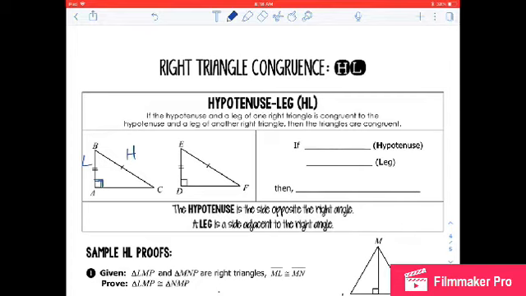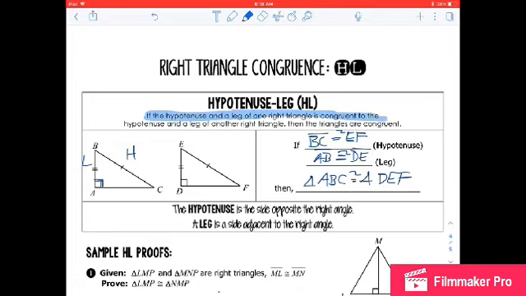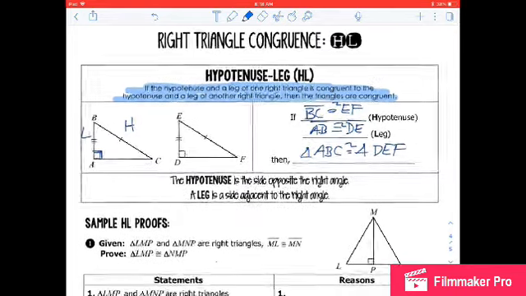Okay, so in this case the hypotenuse would be BC congruent to EF. The leg in this case would be AB congruent to DE. And since they're both right angles, we can now say triangle ABC is congruent to triangle DEF. We can say they're congruent. Okay, so if the hypotenuse and a leg of a right triangle are congruent to another of the same, then they are congruent. Okay?